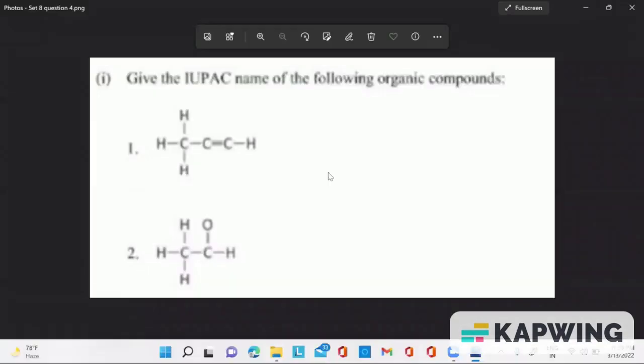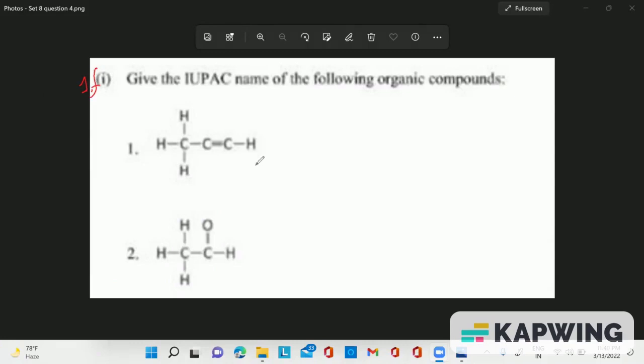Today I will discuss one more question from ICSE Class 10 Chemistry Question Paper, Paper 2. Give the IUPAC naming of the following organic compounds. It is basically one part F. The first structure is about propene. Sorry, there is basically a double bond existing over here.